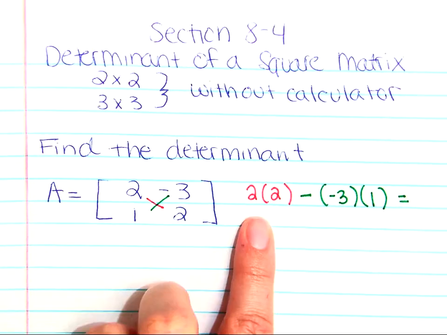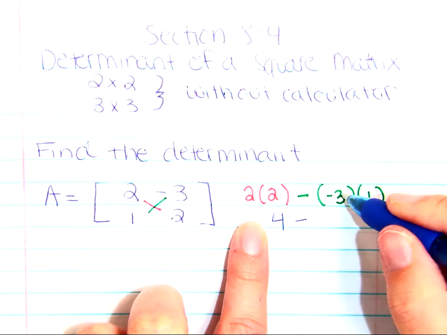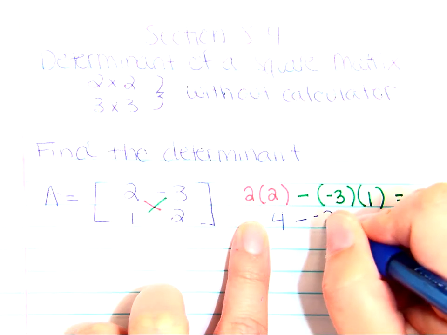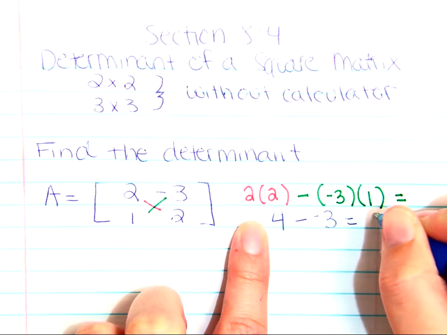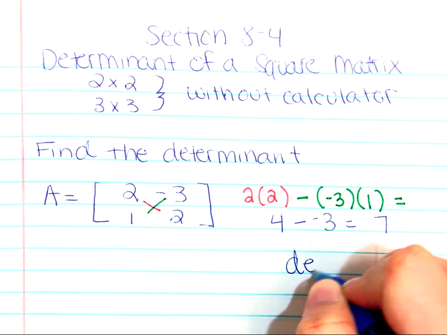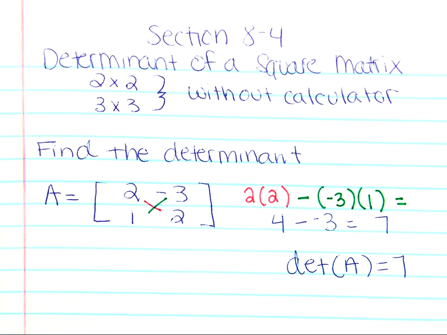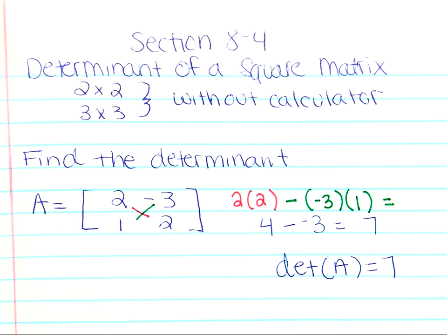So 2 times 2 is 4, minus -3 times 1 is -3. So the determinant of this matrix is 7. And it should say the determinant of A is 7. Okay, so this was a 2 by 2 matrix.